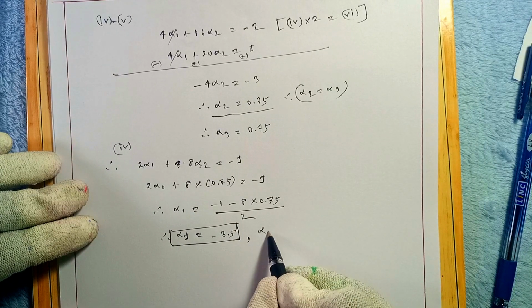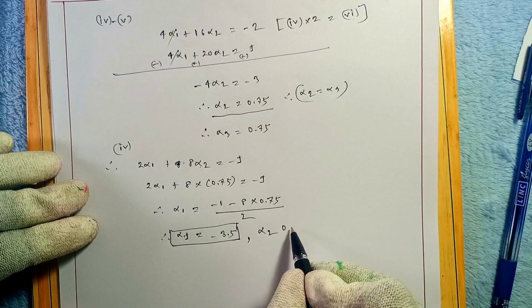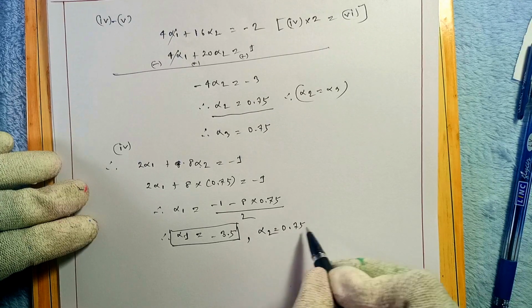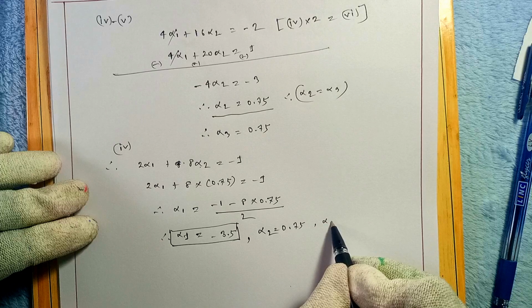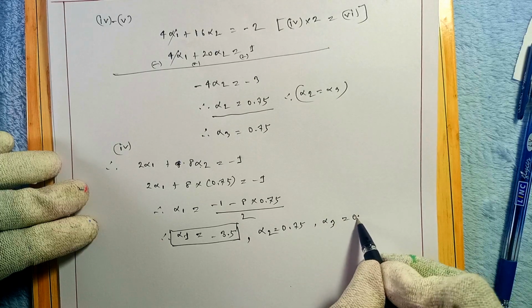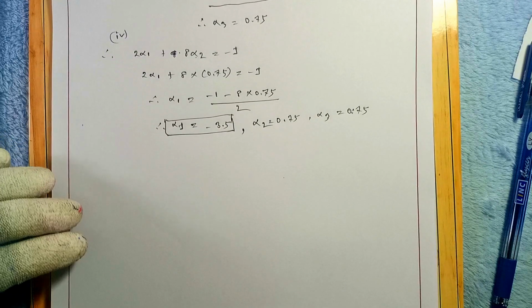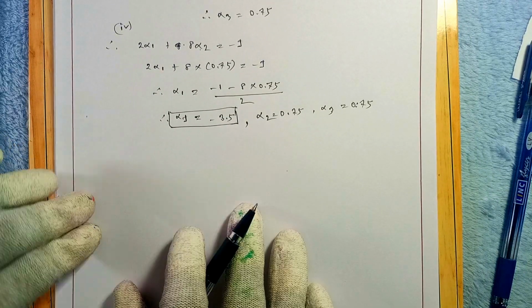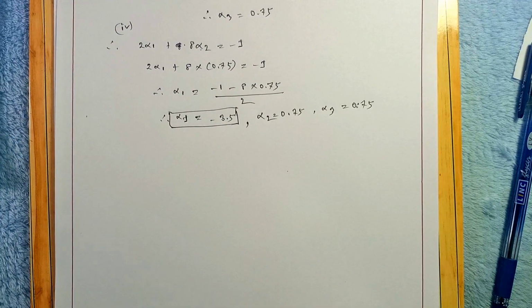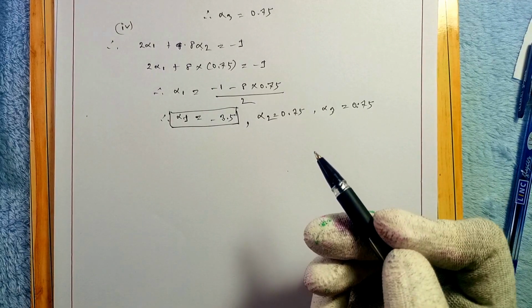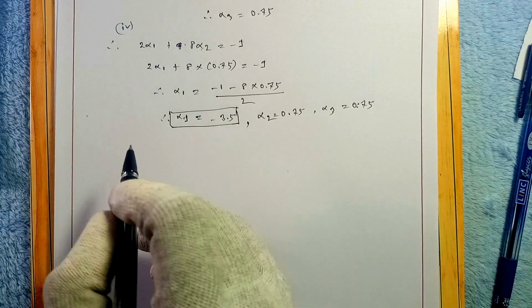So we know alpha 2 equal to 0.75 and alpha 3 equal to 0.75. Now we got our alpha values. Now we have to find the weight vector.